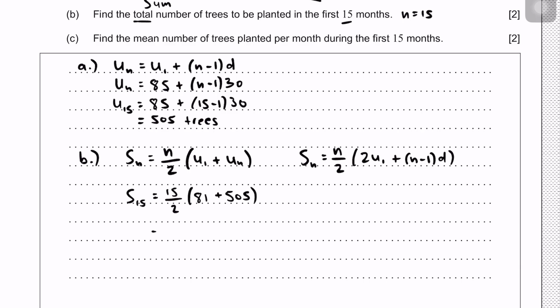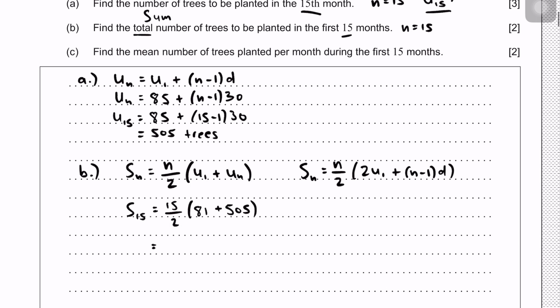Let's work that out on the calculator. So we have 15 over 2 multiplied by 81. Sorry, it's not 81, it's 85, plus 505. And we have 4,425 trees.